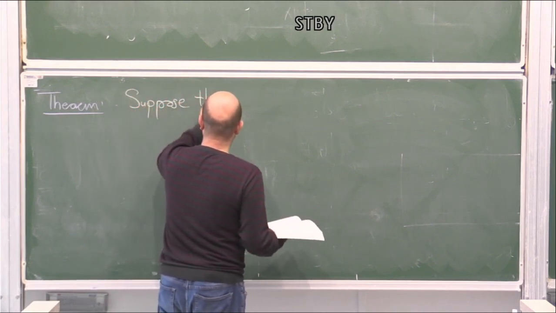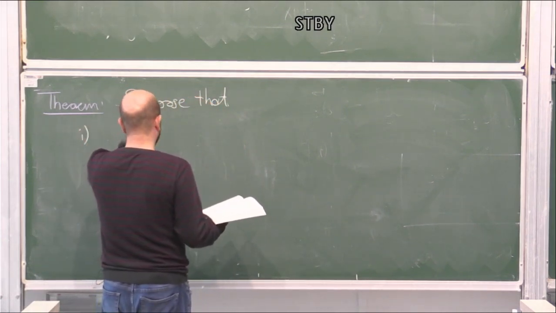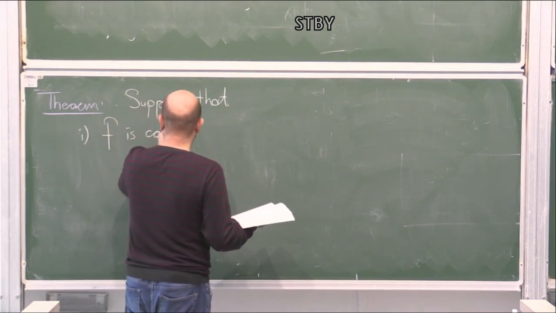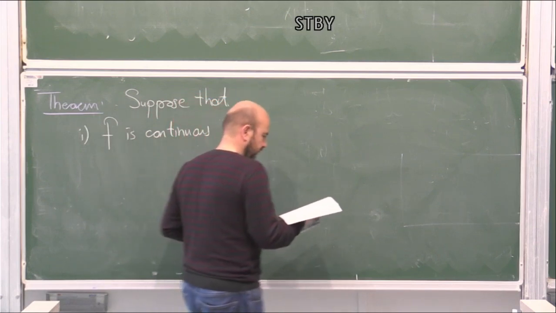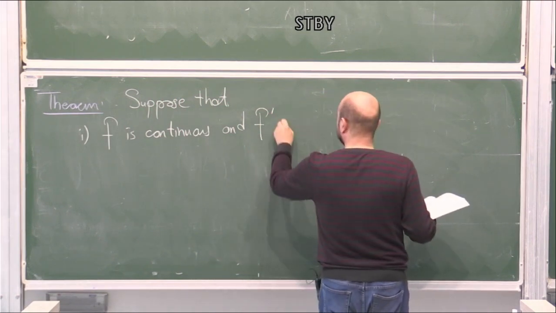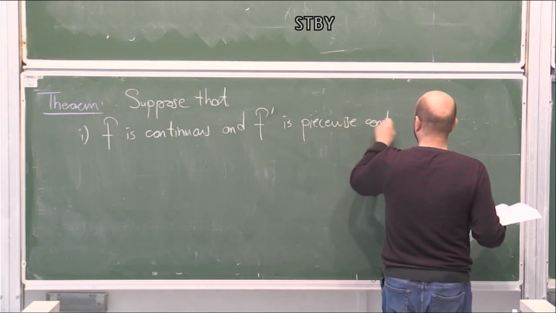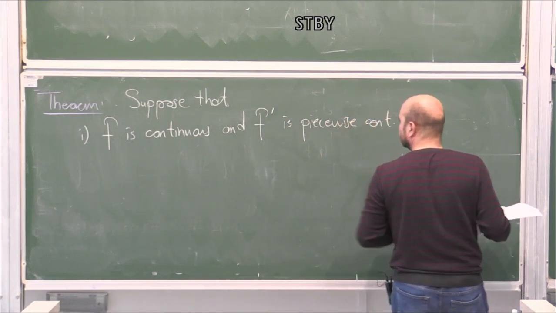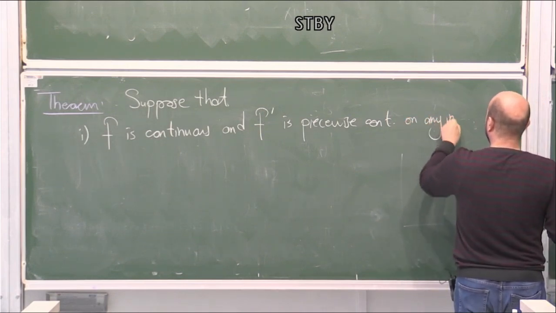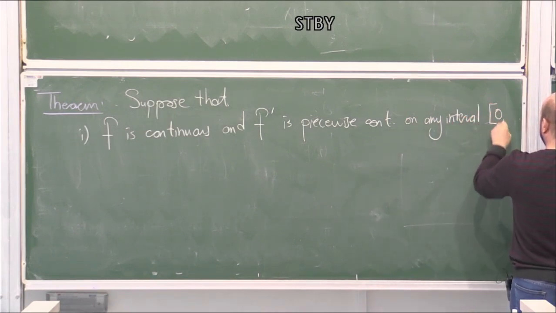Suppose that now, similar to the existence problem, we have f is continuous and its derivative is piecewise continuous on any interval 0, a.